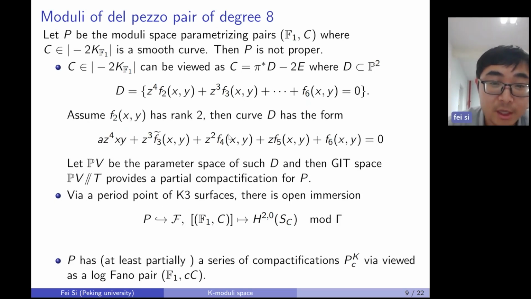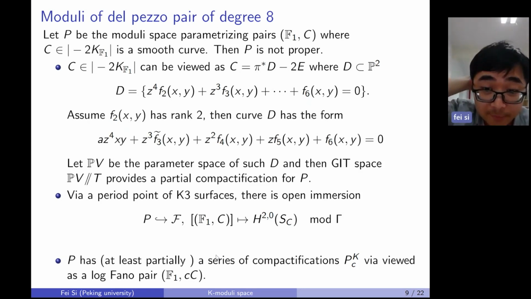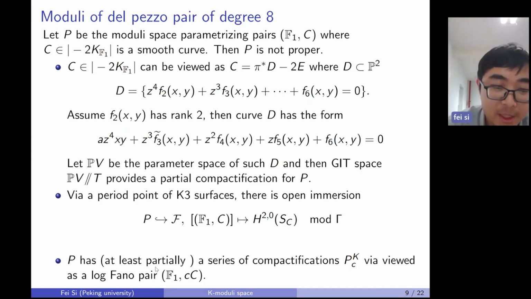Of course, the K-moduli space introduced before will also give you several compactifications for this space, at least partially, because a priori we may not know that every stable pair is a K-stable one, but later you will see that is actually true.